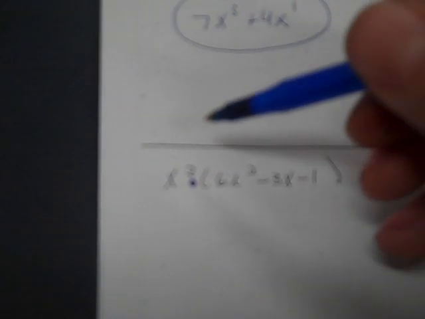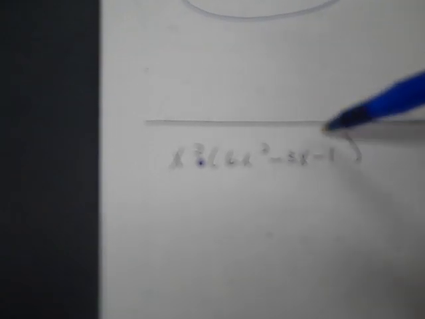Okay, then my next problem. x to the second power, and then the operation times, and then 6x to the second minus 3x minus 1. Now, before we multiply with the rainbows, we need to make sure all of our x's have a number in front, so that would be a 1, okay? So here's my 1.